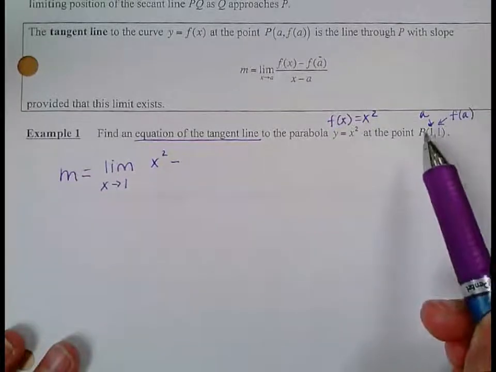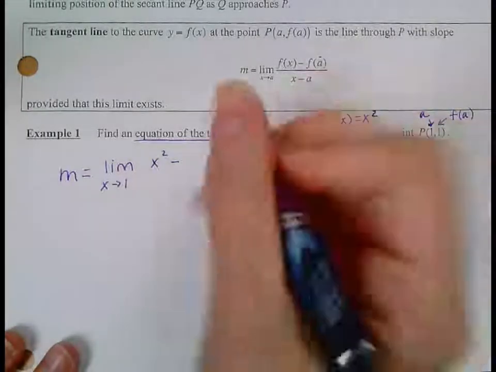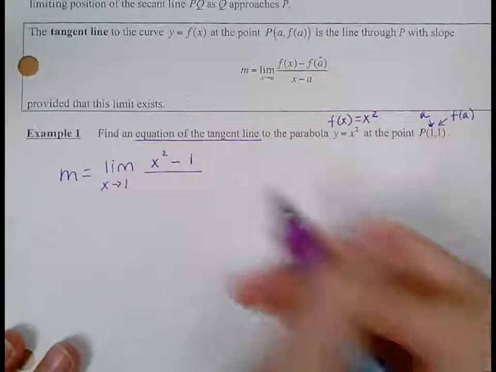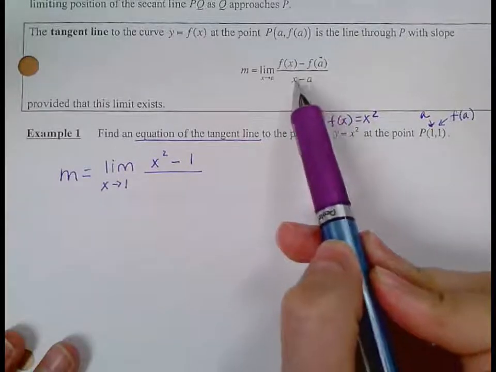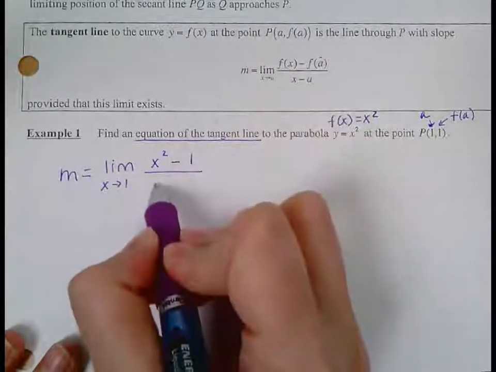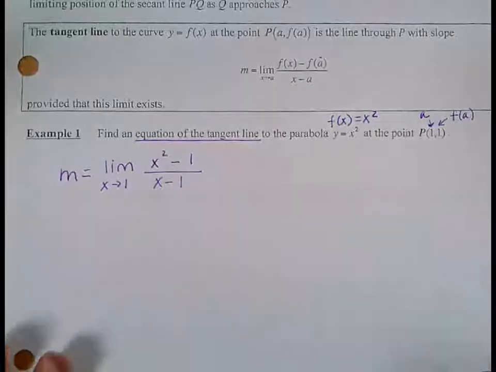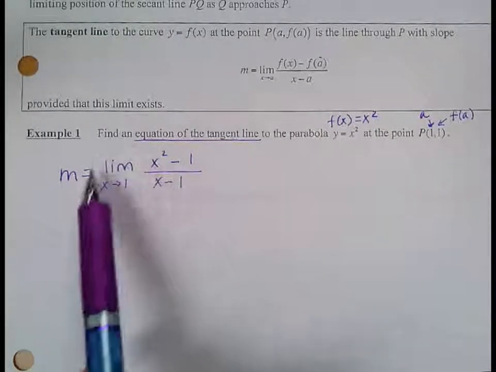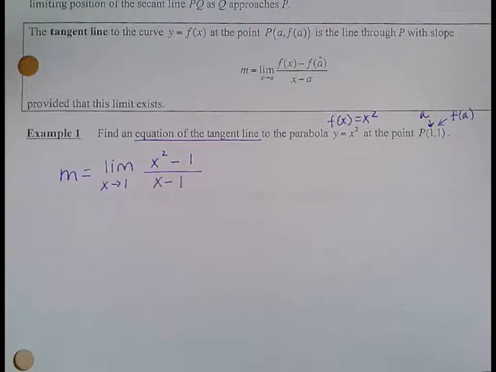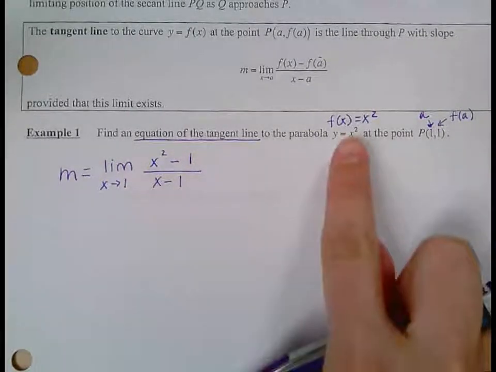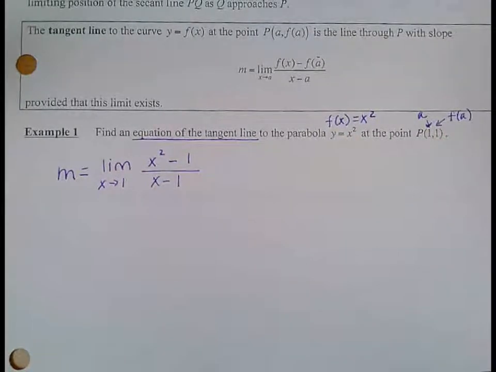The y value for P is also 1, so x squared minus 1 over x minus a, so x will always just stay x, and then minus a is 1. So this is the limit I need to evaluate in order to find the slope of the tangent line to this curve at that point.